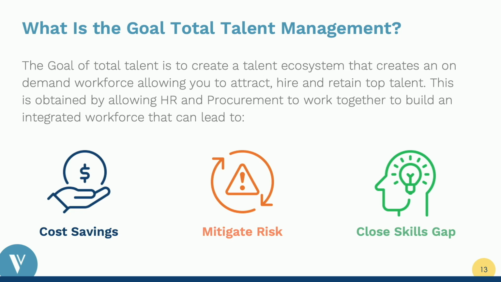It also will help you with risk mitigation. So if you're looking at the total talent properly, you have them assigned to the categories and you have access to all their job descriptions and what their pay is. It also helps you make sure that you have all the proper documentation for all of your candidates working on site. And then also it helps fill your skill gap. We all know the skill gap is real.